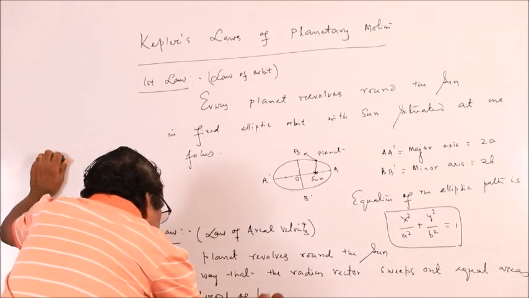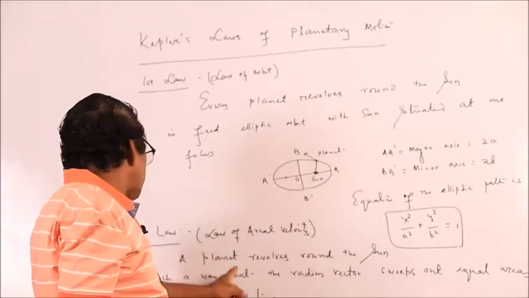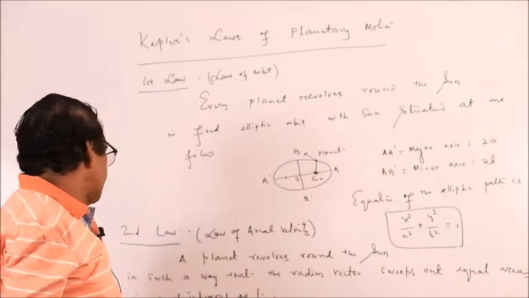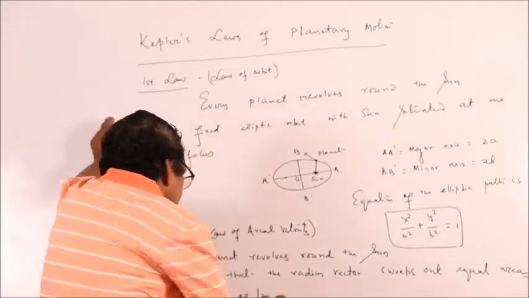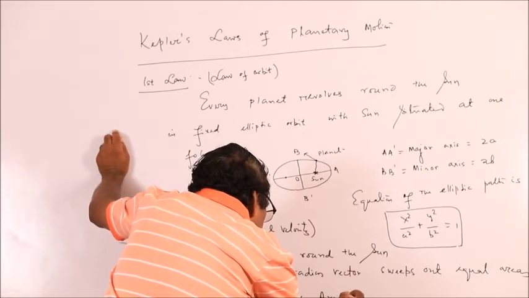Equal areas in equal intervals of time. That is the aerial velocity of revolution.